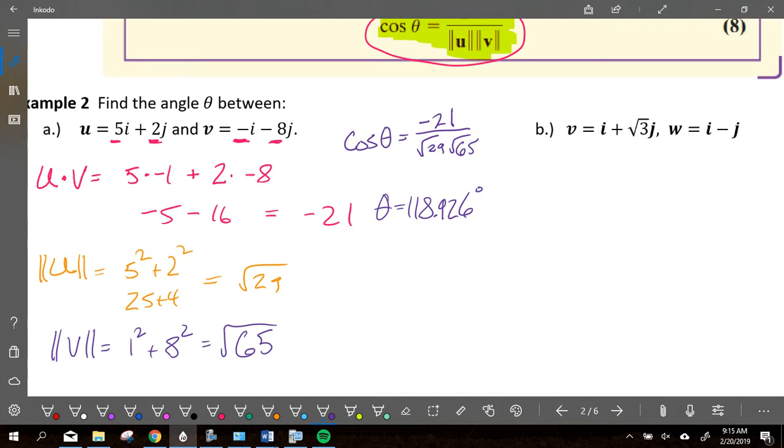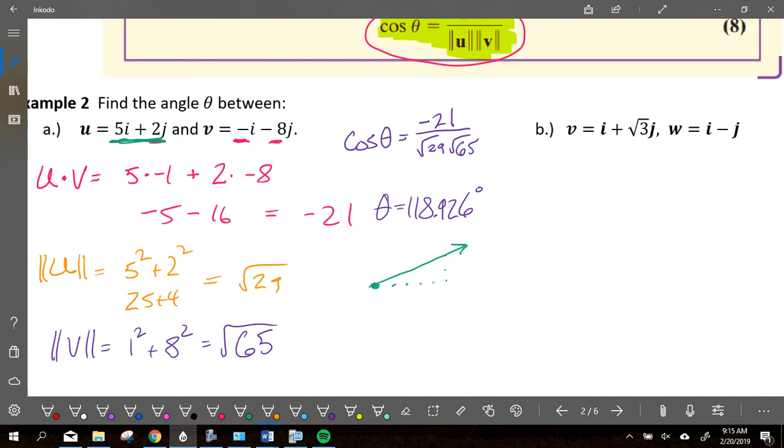Let me show you what we just found, okay? Let's draw a picture of this really quickly. If I were to graph u, I would go over 5, 1, 2, 3, 4, 5, and up 2. It is that vector right there.